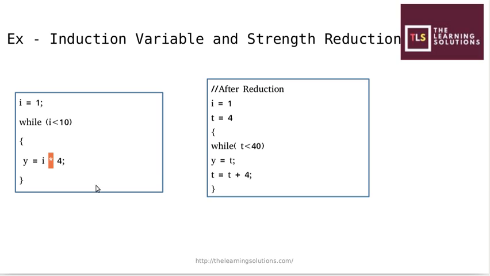It basically looks very simple for us, but for the machine it is very complex, since the multiplication operation is there. So what we can do, we can introduce a temp variable and change this expression without affecting the result by introducing some low strength operators. So we have introduced a temp variable t equal to 4, then assign that t to y and t equal to t plus 4. So in this way induction variables are used.